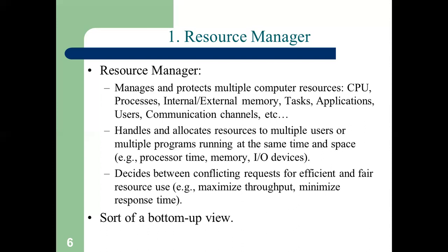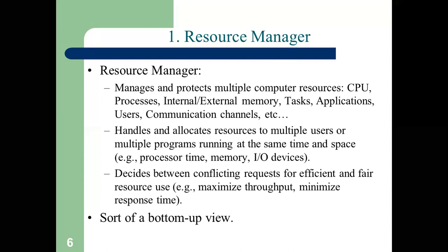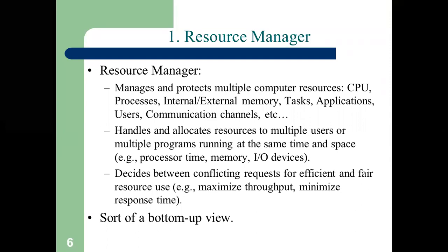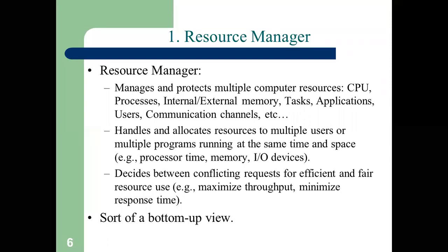Now you can see here internal and external memory. We use internal as well as external memory. Internal memory here means the CPU memory as well as the main memory. You are already aware of internal and external memory. External memory is a sort of secondary memory.